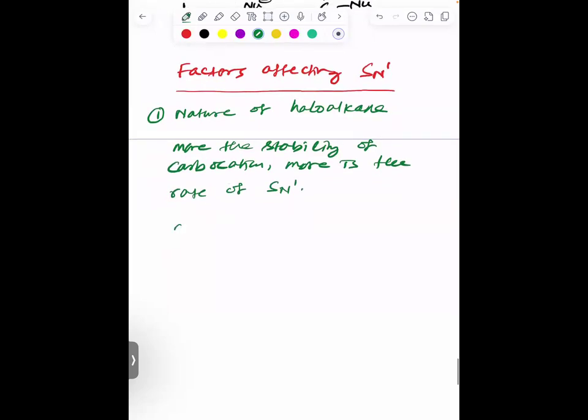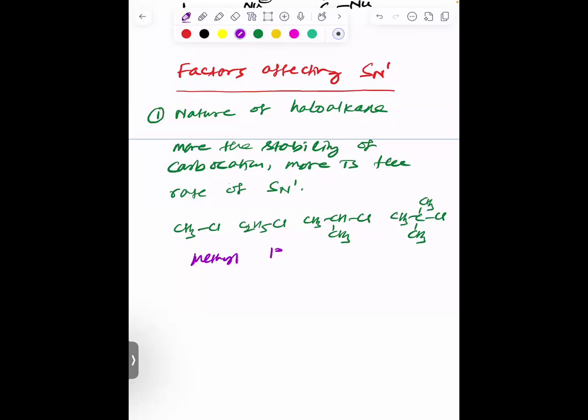Suppose we are taking methyl, ethyl, and tertiary, that is primary, secondary and tertiary.